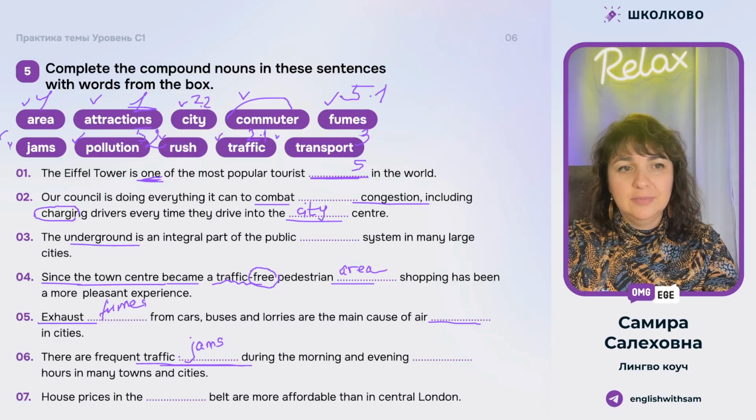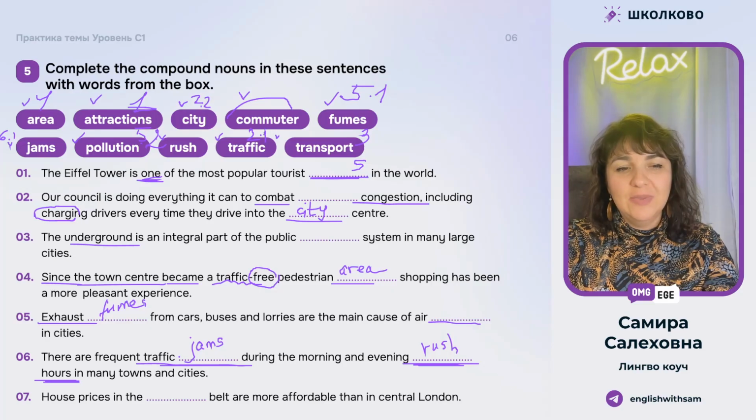Вот about 6.2. Как у нас с вами называются самые вот эти час пик, горячие часы? Окей. Rush hours, rush hours, that's right.